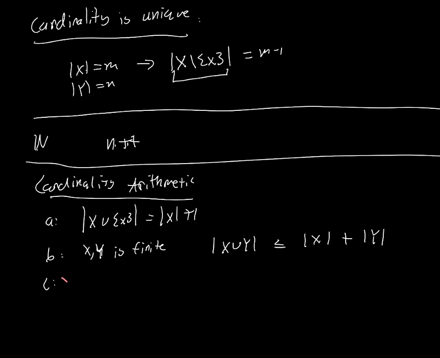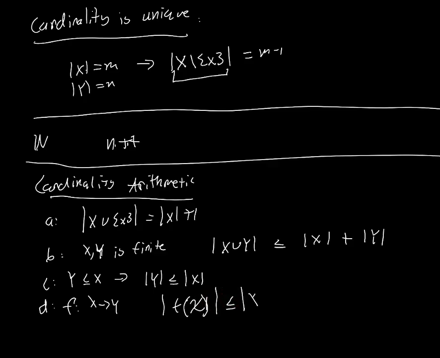I'll just assume that X and Y are finite for all of these. Y being a subset of X implies that the cardinality of Y is less than or equal to the cardinality of X. We'll also show that if I have a function f that takes X to Y, then the cardinality of the range of the function is less than or equal to the cardinality of X. These are equal if it's injective.